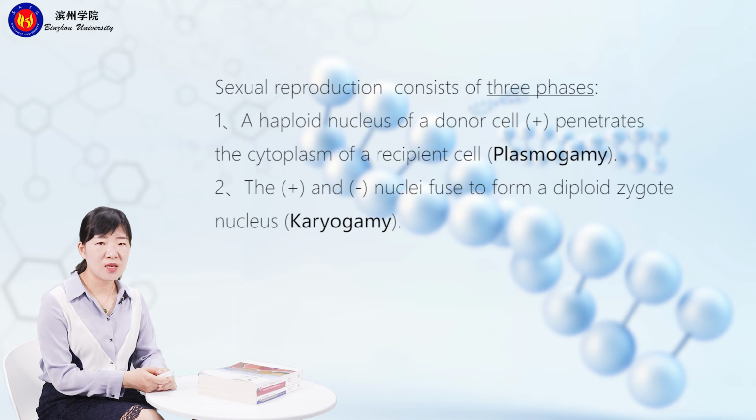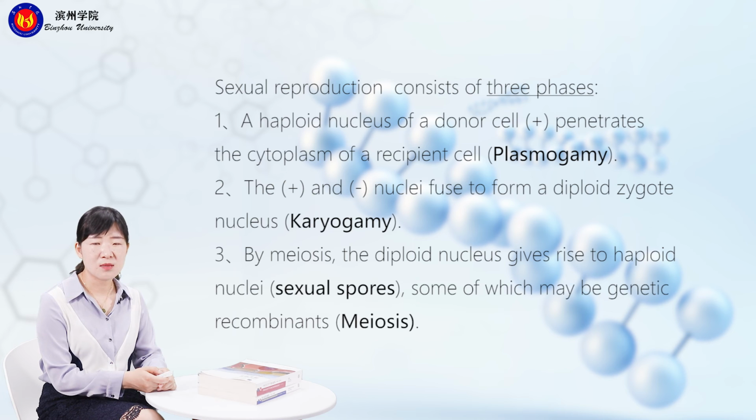Then the plus and minus nuclei fuse to form a diploid zygote nucleus. This phase we call karyogamy. And then by meiosis, the diploid nucleus gives rise to haploid nuclei.